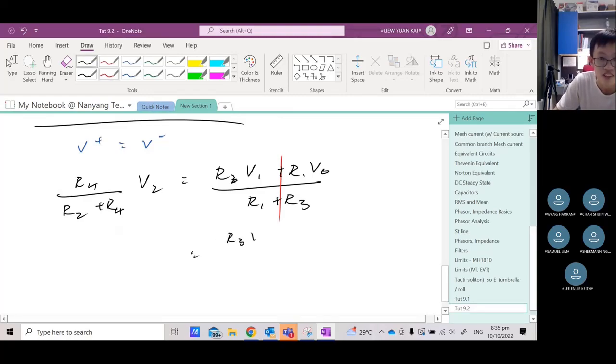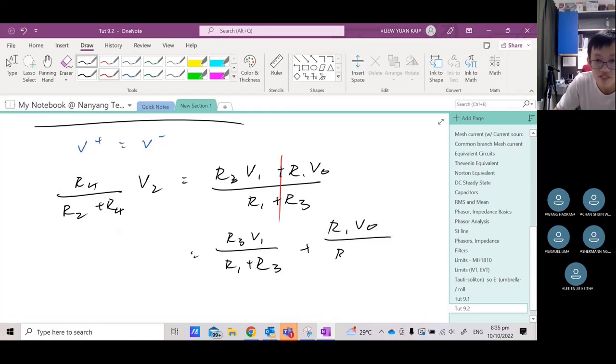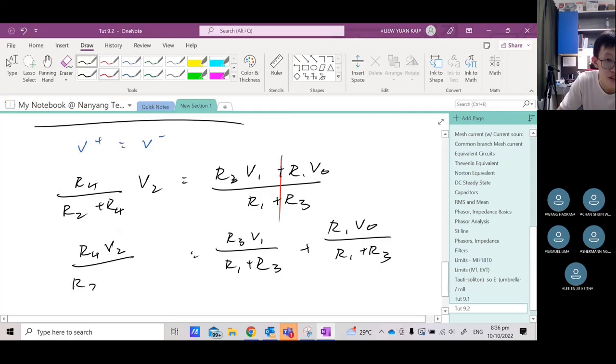I'll get R3 V1 over R1 plus R3 plus the other side over the same denominator. Just copy this down, R4 V2 over R2 plus R4.